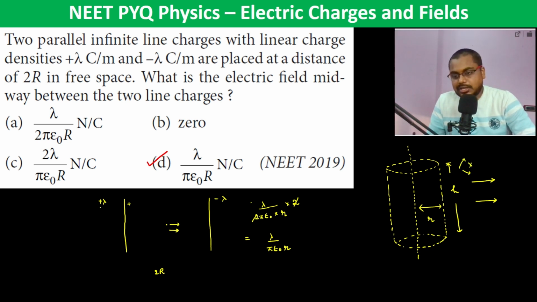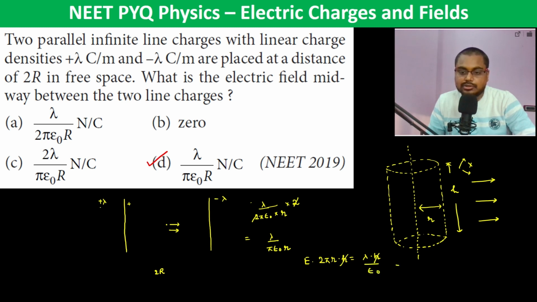So since the electric field is like this, we can write very clearly that the electric flux, that is E dot dA, where area क्या हो जाएगा, 2 pi r into h, should be equal to q enclosed, lambda into h divided by epsilon naught.